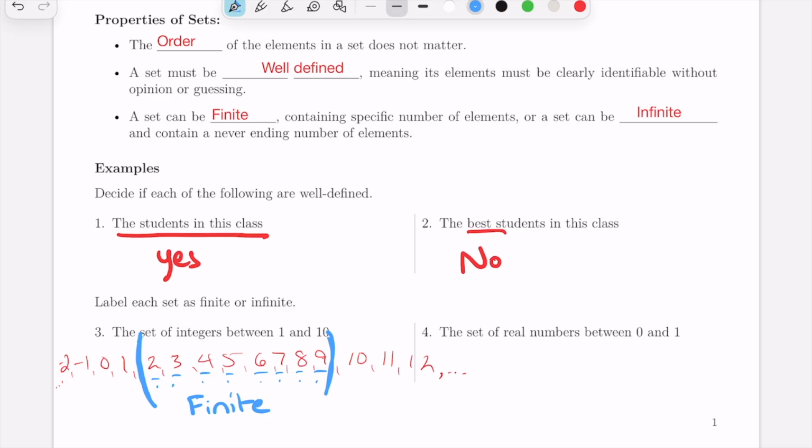So when we start talking about the set of real numbers between 0 and 1, like I have the number 0 and I have the number 1. Well, I know that 0.5, that's in there. So is 0.75. So is 0.99999. Well, and there's a number in between that.